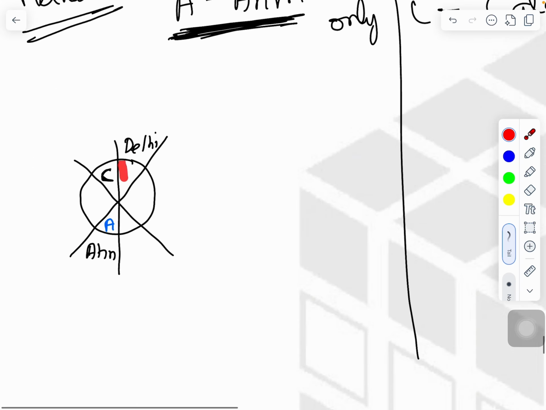Now if B comes here, where will E go? E cannot come here because it will be adjacent to B. E cannot come here and here because it is adjacent to A. Therefore, can you see the problem? We don't have a spot for E.